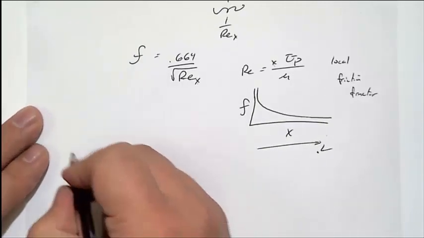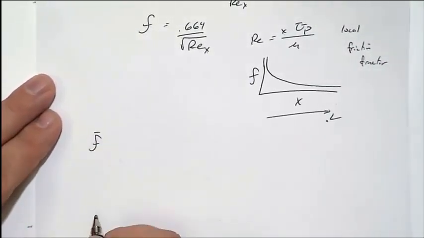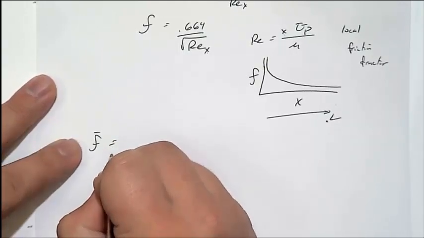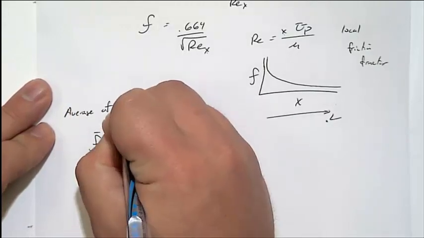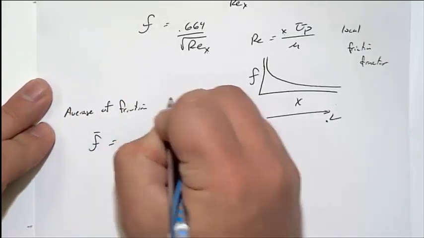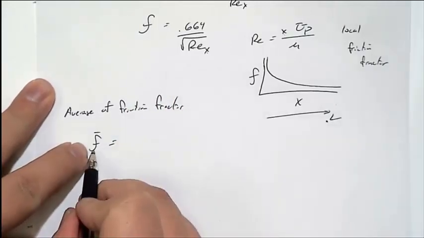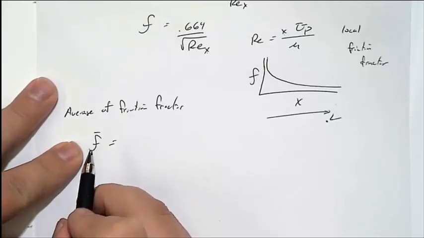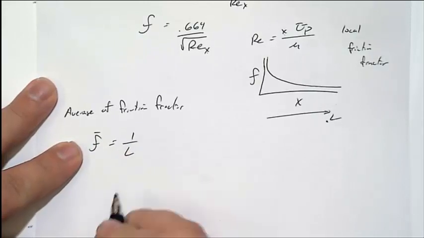So if you want to get the average value, in this case taking the average value of the friction factor, we could say that our average value of a friction factor is denoted by F. Be careful not to get this confused with the body force array.